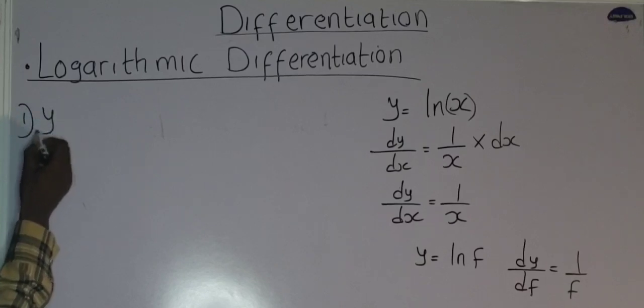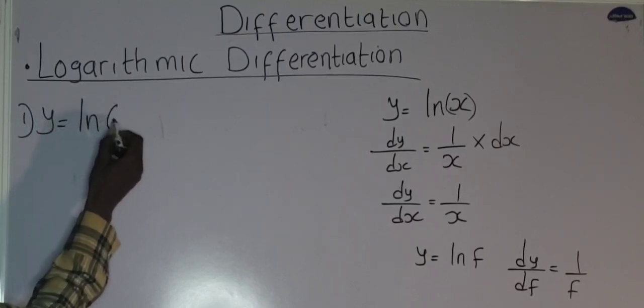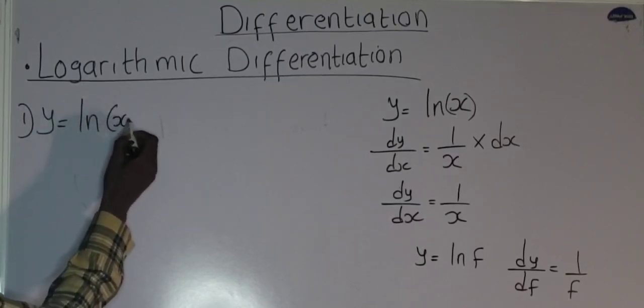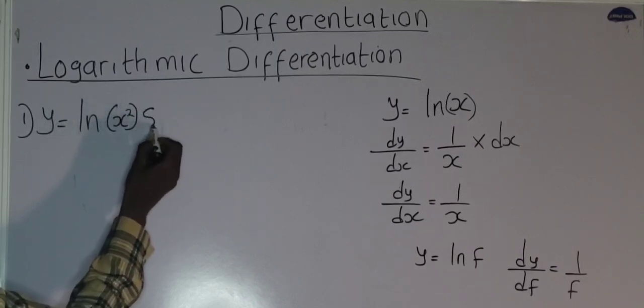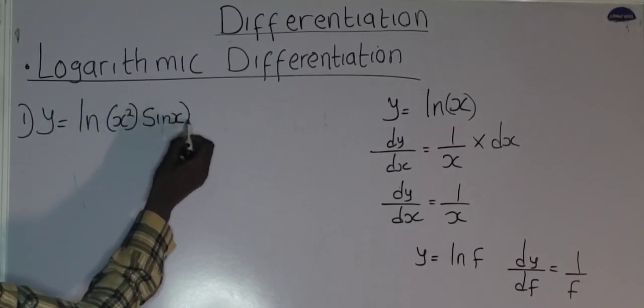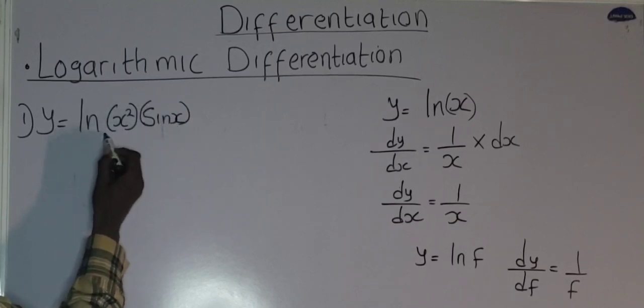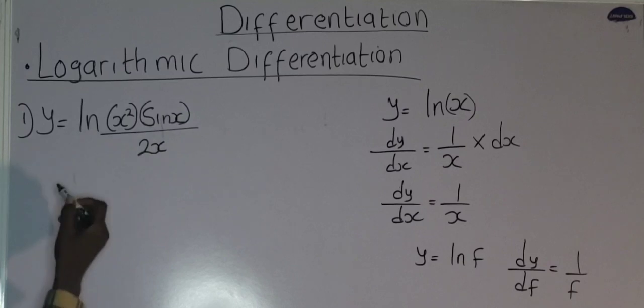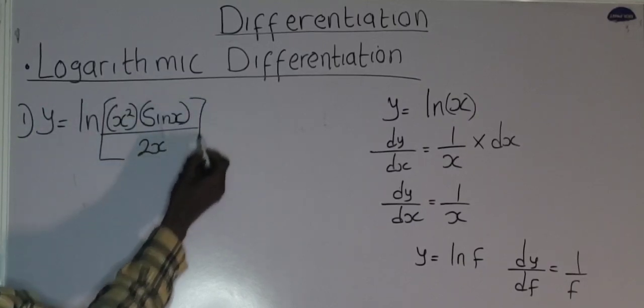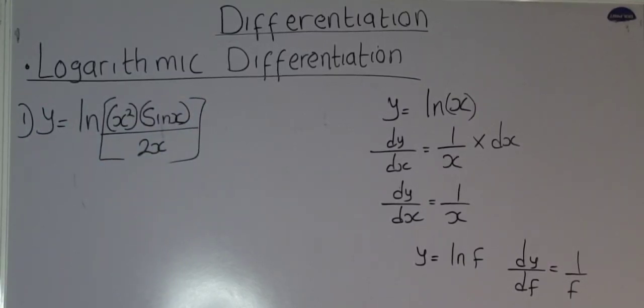So let's say we have question 1. y is equals to ln of x squared multiplied by sine x, all over 2x. We are told to differentiate this function.